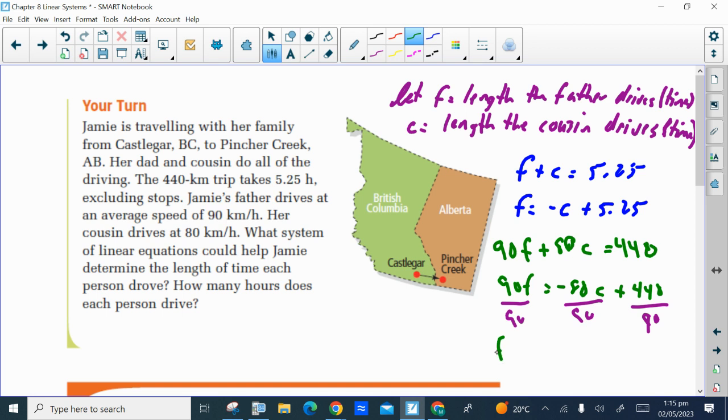And you will have F equals negative 80 over 90, which is negative 8 over 9, because you can divide those both by 10, C, plus 440 over 90, you can divide them both by 10 and get 44 over 9, which will be a decimal. So our two equations are, the first one is F equals negative C plus 5.25. Our second equation is negative 8 over 9 C plus 44 over 9. These are the two equations that we'll put in our calculator.